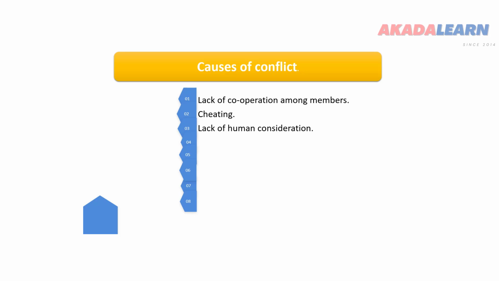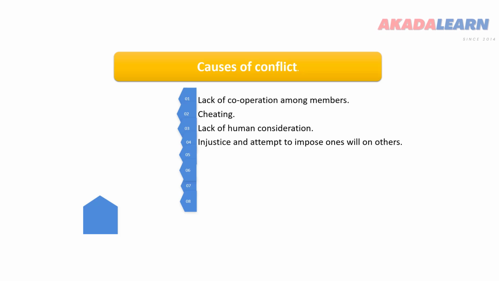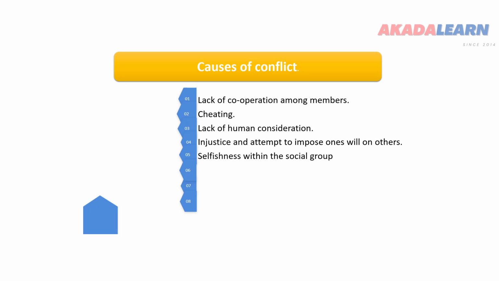Lack of human consideration. This is when you do not put the needs of others into consideration but yourself alone. Injustice is an attempt to impose one's will on others, trying to impose what you want on others, trying to make them want what you want as well.